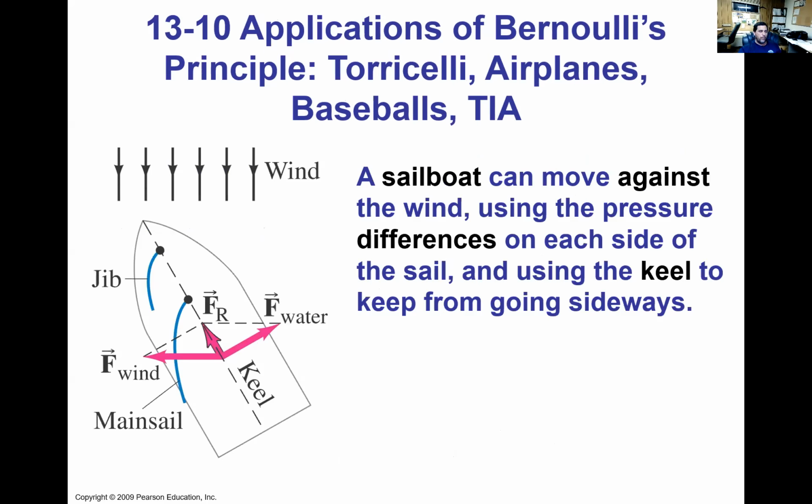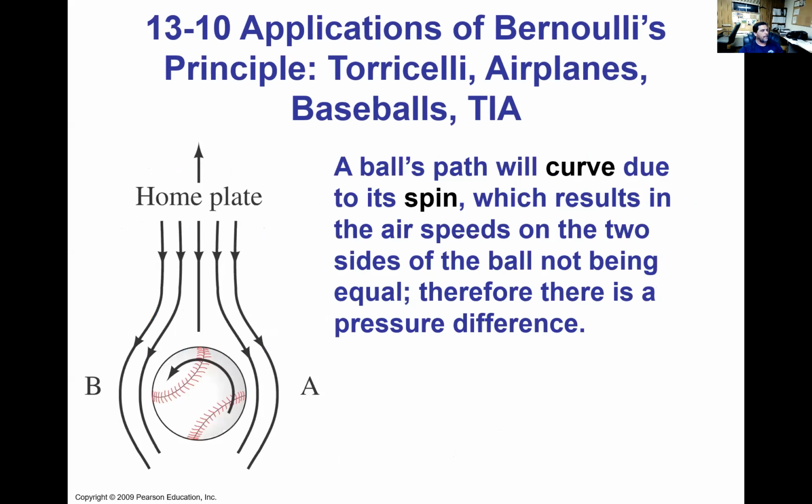A sailboat can move against the wind using pressure differences on the side of the sails and using the keel to keep it from going sideways and still steering it. Baseballs, when pitchers throw the baseball, they put a spin or a curve on the ball. That spinning is what is causing the ball to behave some of the way it does, because of those pressure differentials.